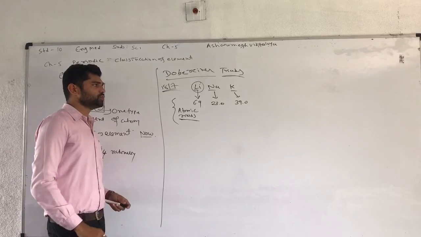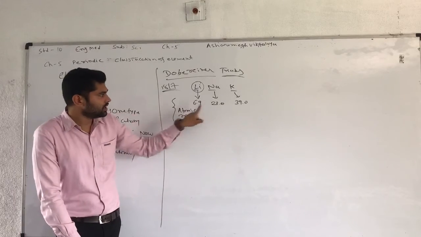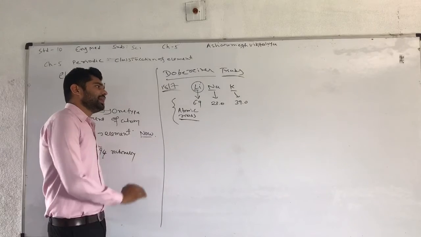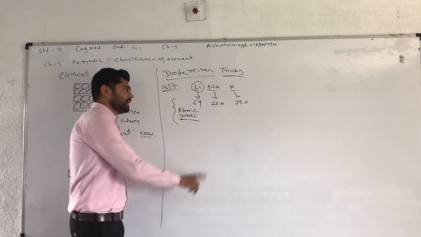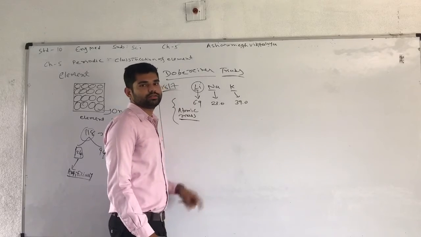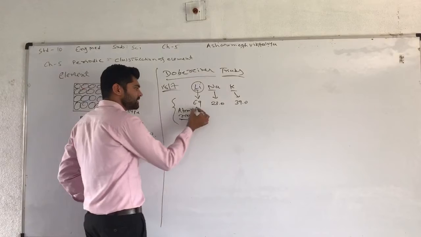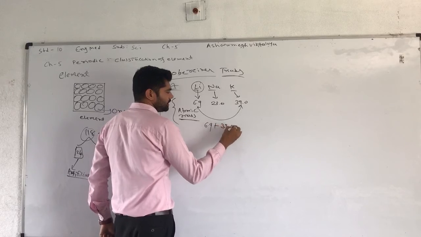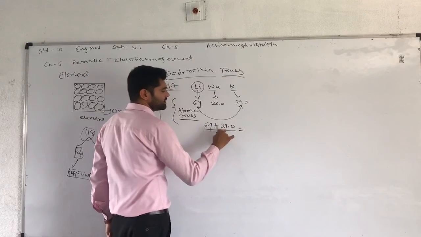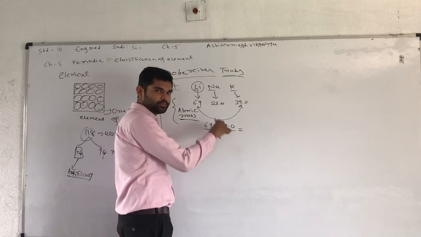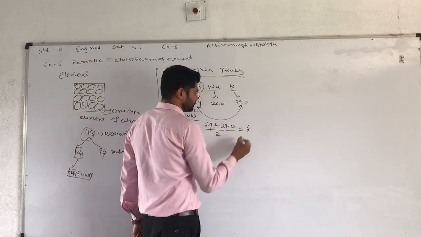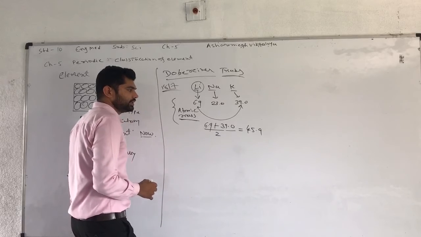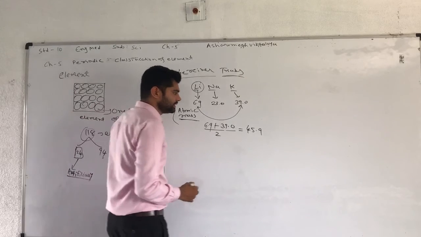Adding the atomic masses of lithium and potassium, 39 plus 6.9, the answer is 45.9.